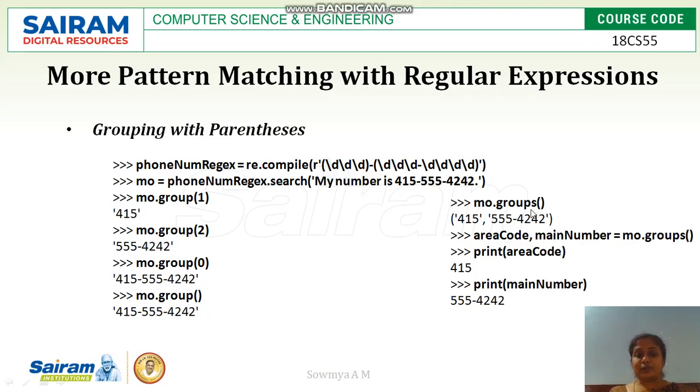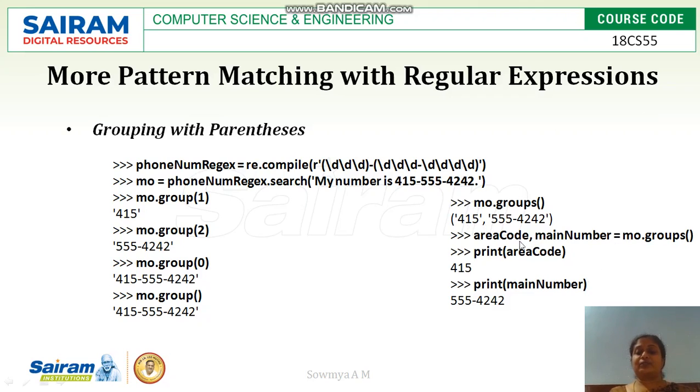If we call the groups method instead of the group method, it gives the complete data with the matched string, but separated with a comma. So it gives 2 group values instead of one phone number.